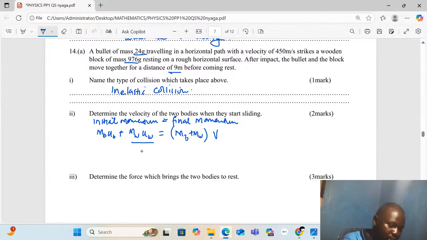Therefore, its initial velocity was 0. This translates that its initial momentum will be 0.